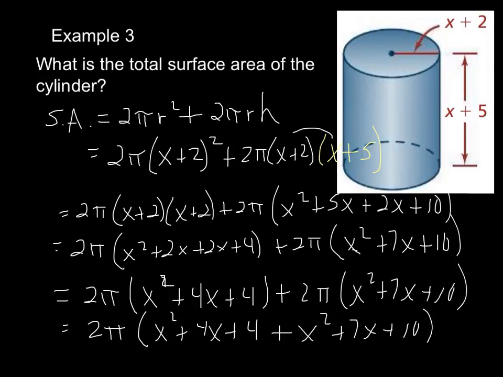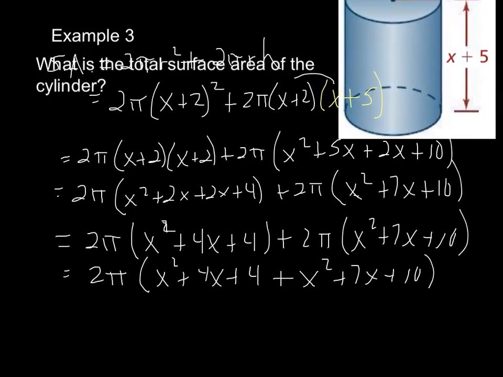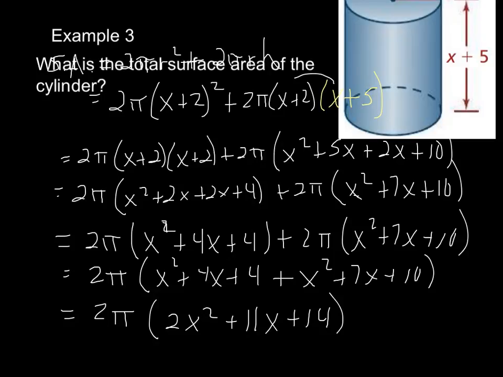Okay? And if we were to combine our like terms, we'd have 2 pi times, I have 2x squared, I have 11x, and a plus 14. And that would represent the surface area of that cylinder.